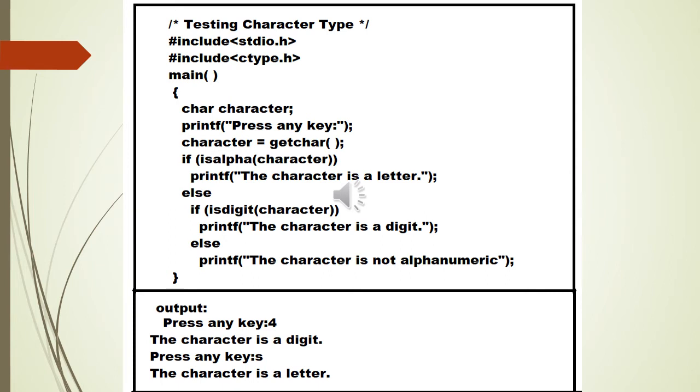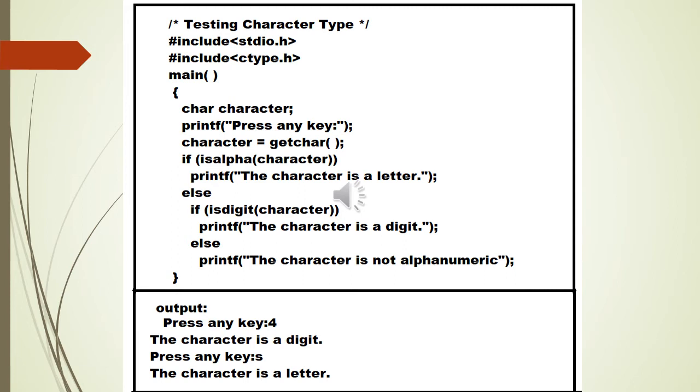Again it will check isdigit of character. If it is 4, 5 or any number, then it will print "the character is a digit". If you press any other key, such as star, it will print "the character is not alphanumeric", because it's neither an alphabet nor a numeric character.